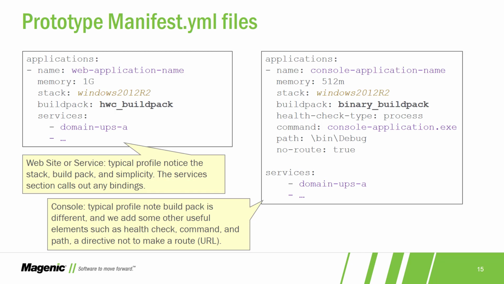And so for .NET console apps, either bin debug or bin release, or bin whatever, depending on where you want to get your bits from, should be explicitly specified. And then console apps, you need to tell them what command to run. And you can find the documentation on all these settings on the Cloud Foundry documentation stack.